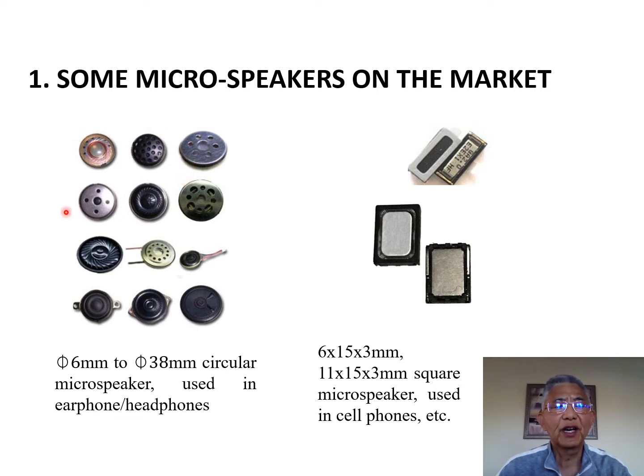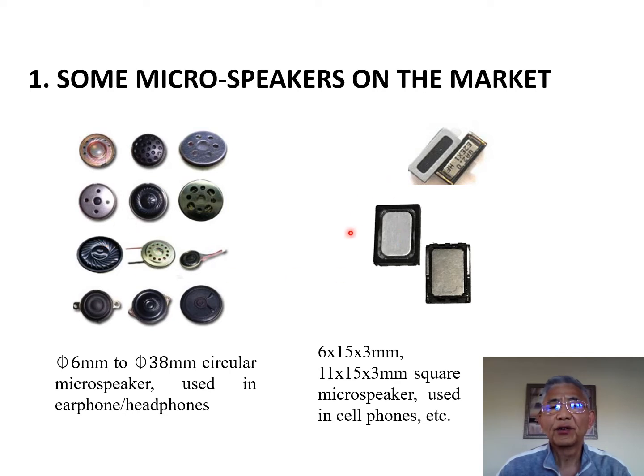On the left side are the round-shaped micro speakers. These can be very small, from 4 mm diameter to 38 mm diameter circular micro speakers. These can be found in earphones, headphones, and some wearable devices.